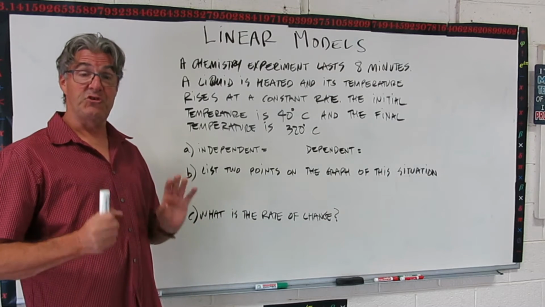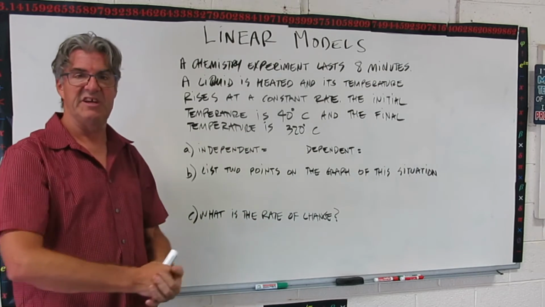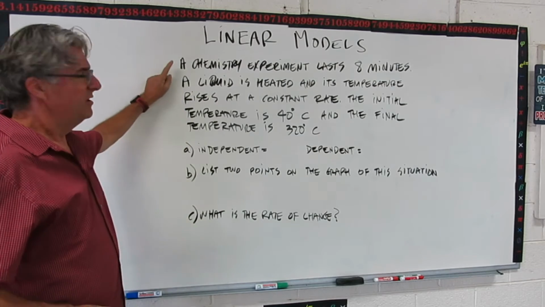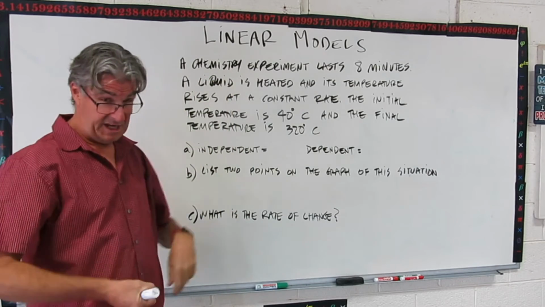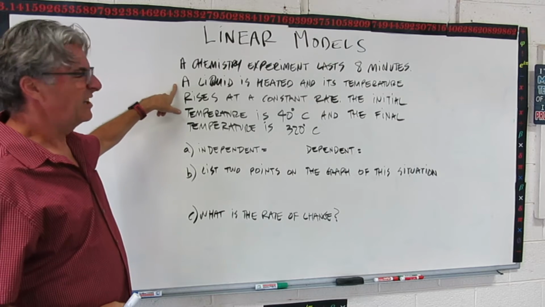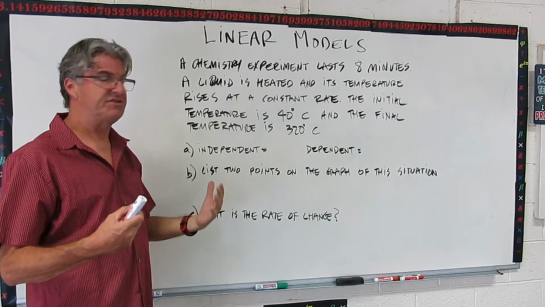Okay, so let's do an IB type word problem that puts all this together and actually gives you a little bit more. So let's take a look at the situation. We've got some kind of chemistry experiment, mad scientist in the lab bubbling and making stuff. The experiment lasts 8 minutes. There's a liquid that's heated and its temperature rises at a constant rate.